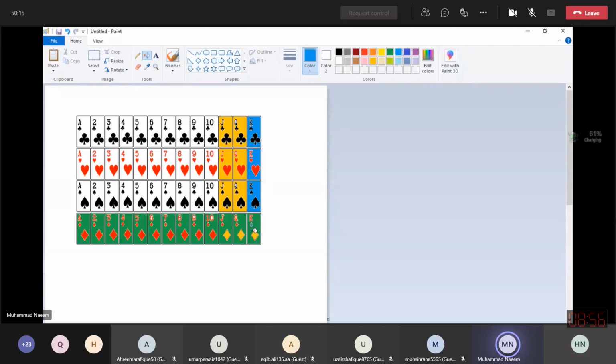Again, this single card having all the three colors, yellow, green, and blue. These cards are also in yellow category.